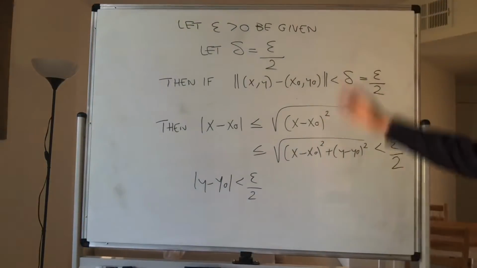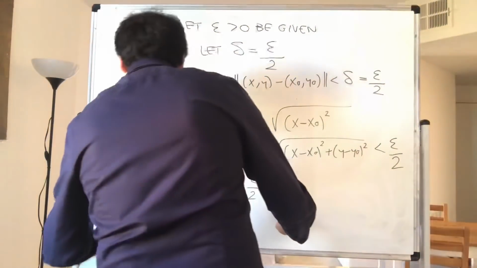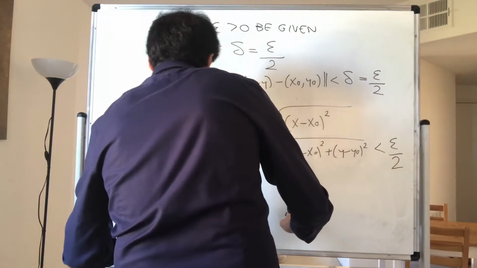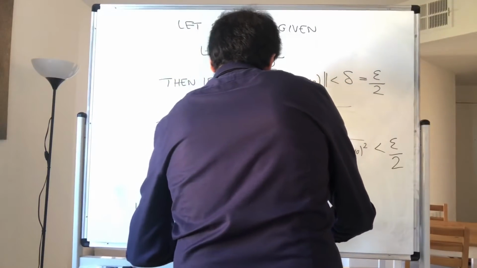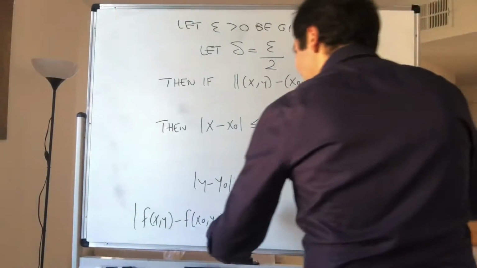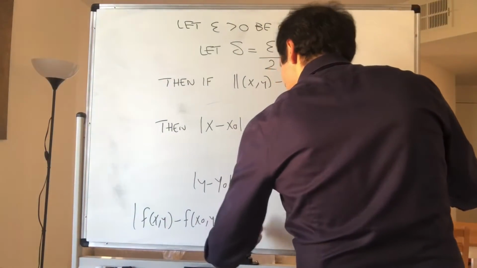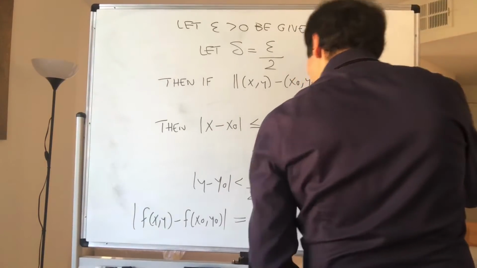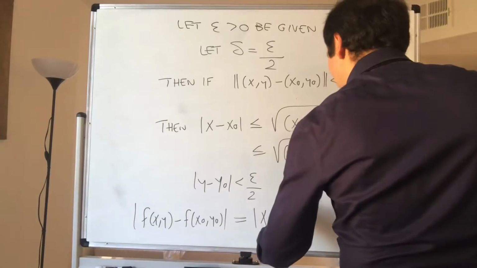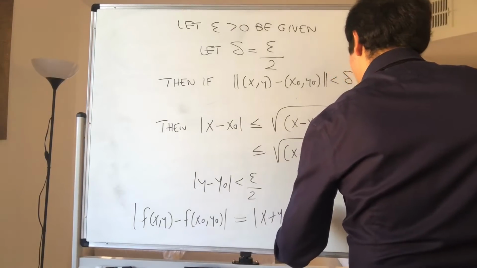Now, why does that help? Because then take the difference between f(x, y) and f(x0, y0). And then that equals (x plus y) minus (x0 plus y0).